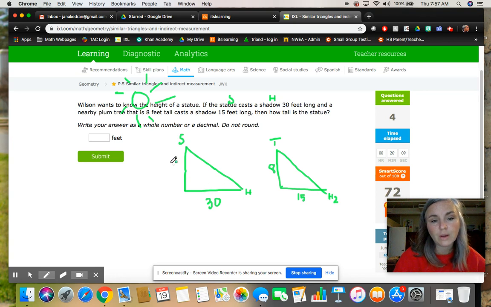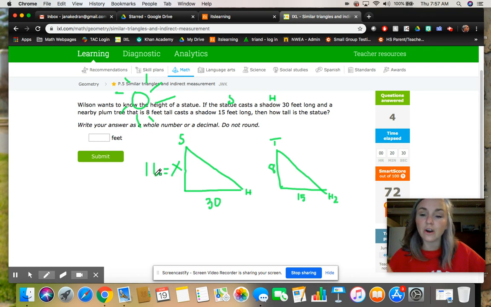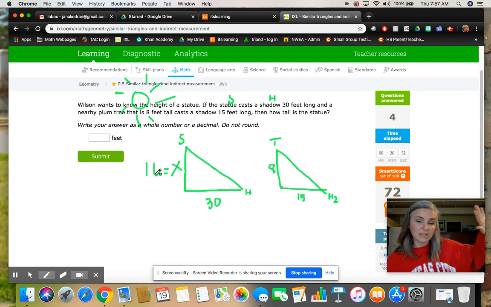So the question is how tall is this statue, right? Well, 30 is to 15, so 15 times 2 would give me 30, then 8 times 2 would give me 16. It's going to have the same ratio because the sun is in the same place.